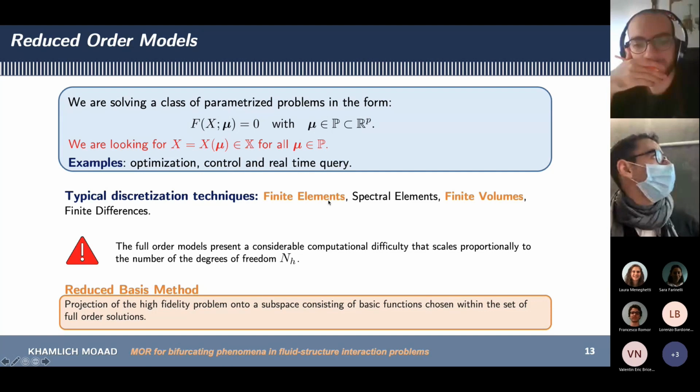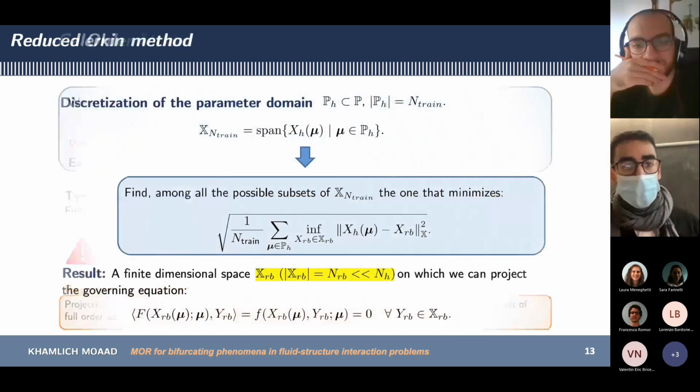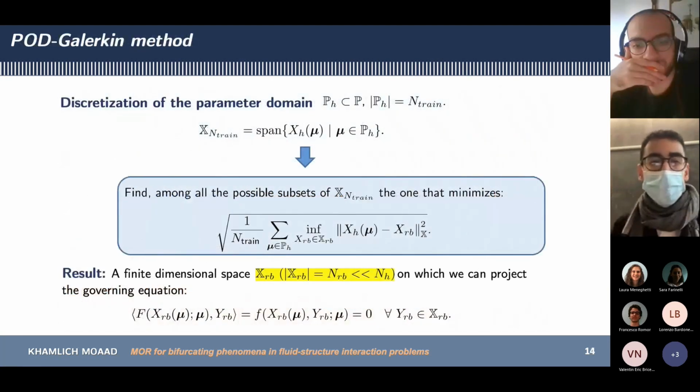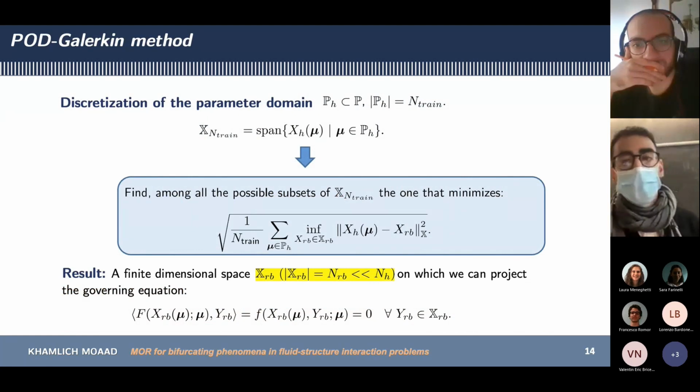But I will just discuss the result with the finite elements, because the finite volume approach was just used in order to carry out, let's say, a comparison between the two discretization strategies. So let's think about disposing of a set of high fidelity solutions.